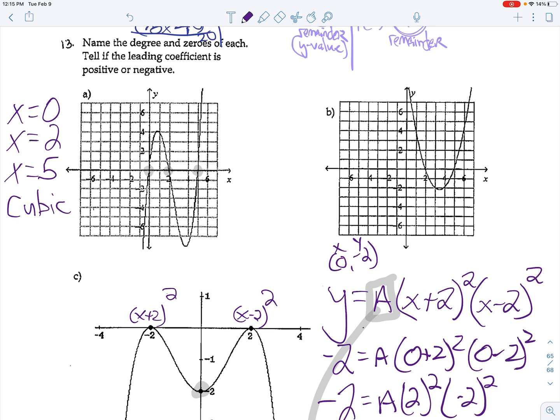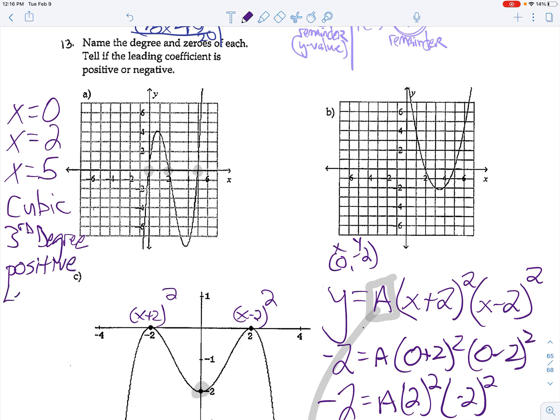So I would say x equals 0 is a root, x equals 2 is a root, and x equals 5 is a root. None of those roots are getting repeated. It's not tangent to the x-axis, and there's no point of inflection there.